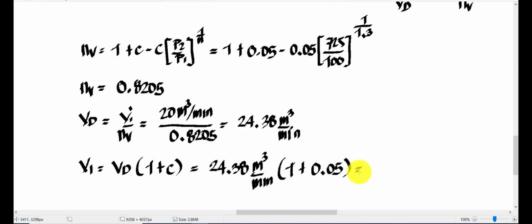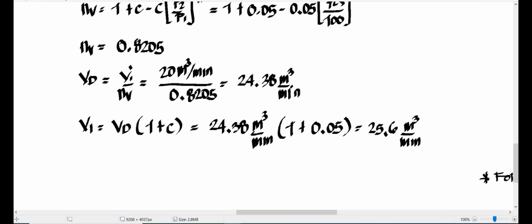Okay, so we have now the value for your V1. Your V1 will be equal to 25.6, with units of cubic meter per minute.